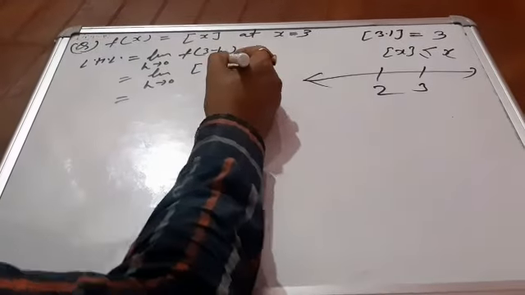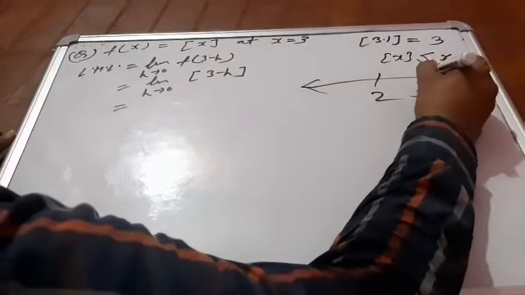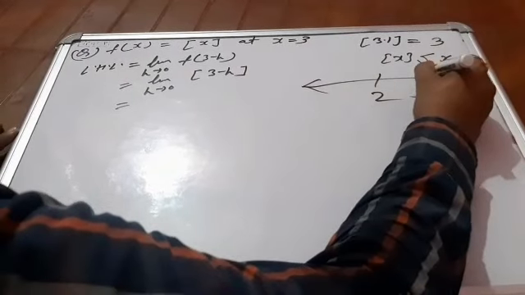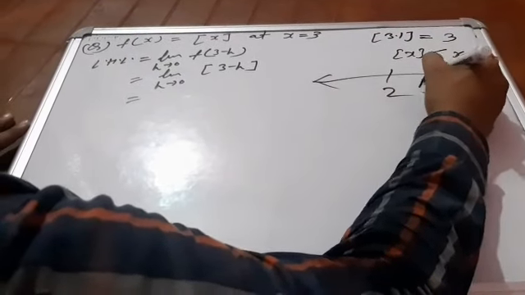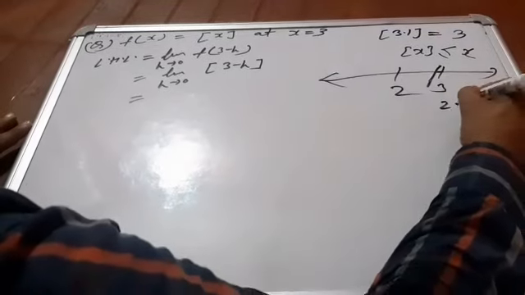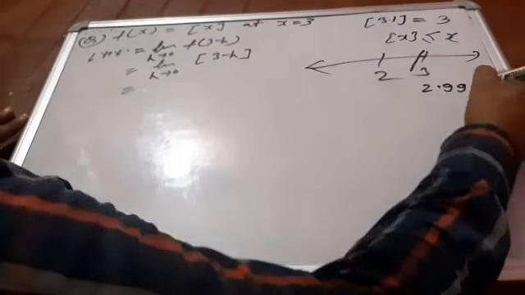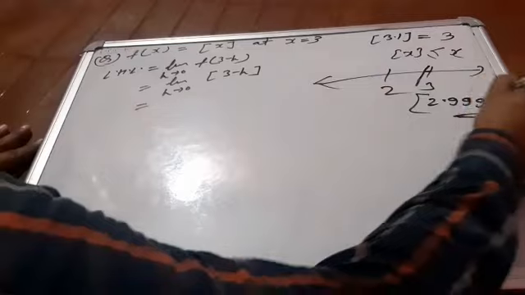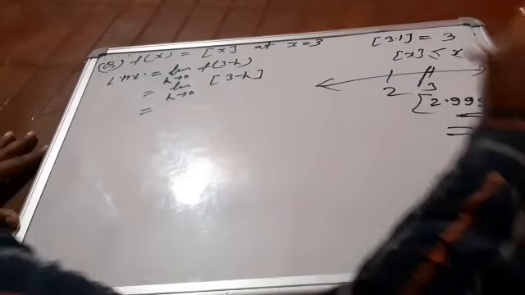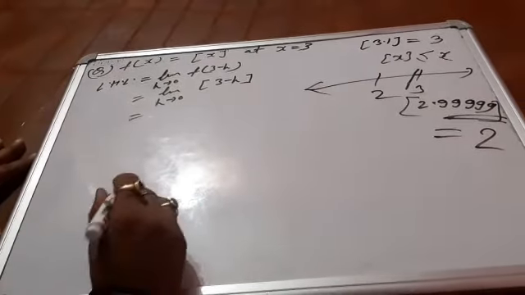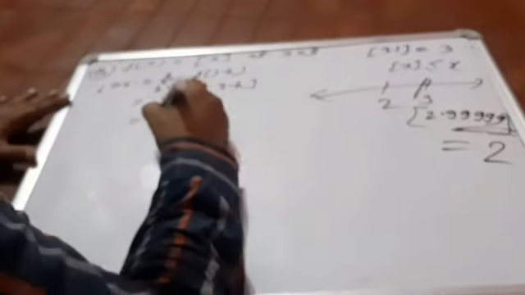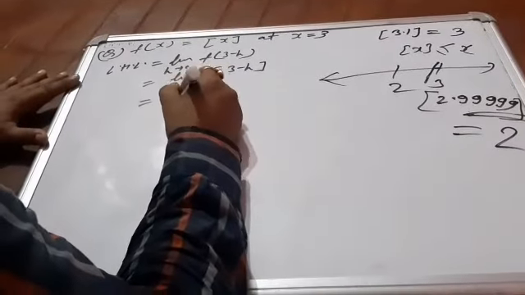Even if h is very small, is 3 minus h less than 3, more than 3, or equal to 3? Obviously it is less than 3. Even if it is as large as 2.9999, it is still smaller than 3. What is its greatest integer value? It is 2 only. Okay, so limit as usual at this portion.